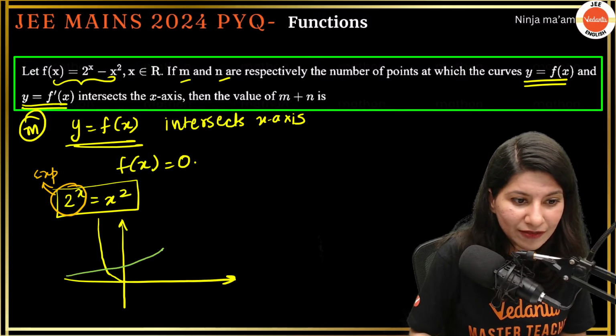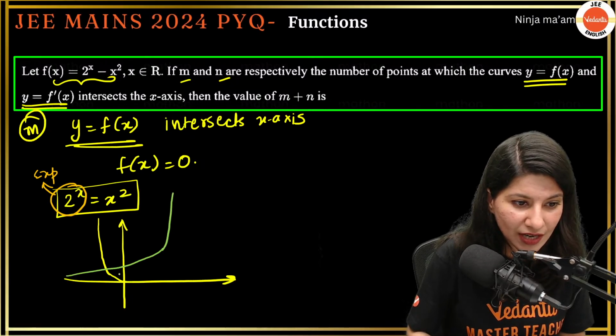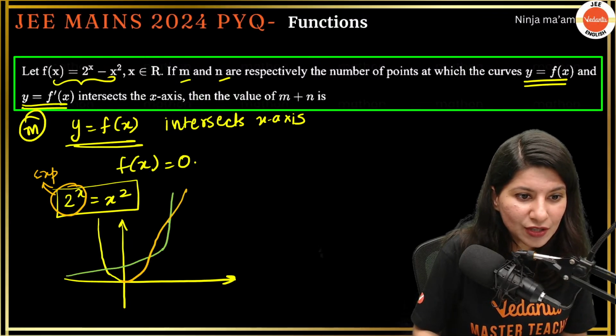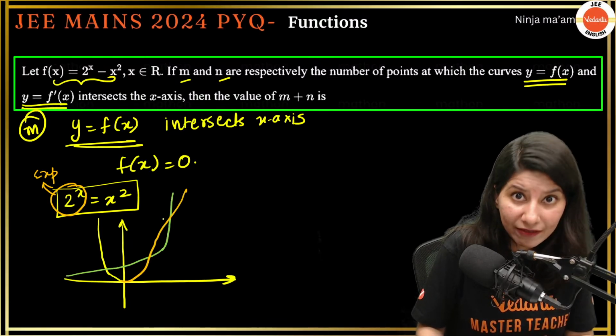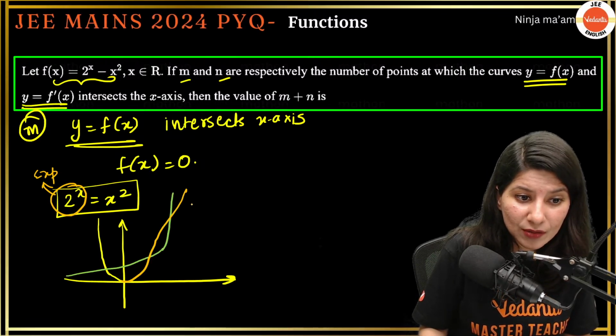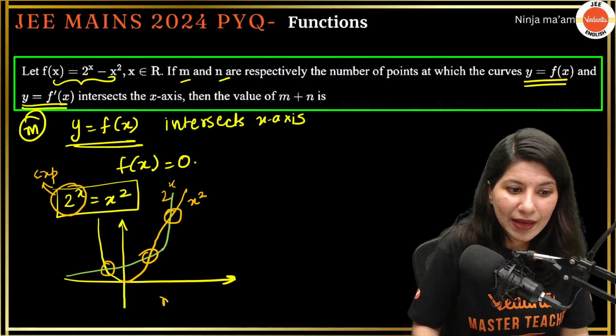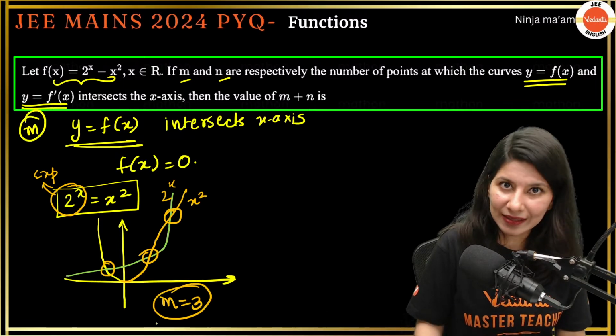So your exponent function will go past your x square function. Understand? So if I draw this now, the exponential function should eventually be above your x square. So this is x square, this is 2 raised to power x. So clearly there will be 3 intersection points. So m over here is clearly 3, okay?